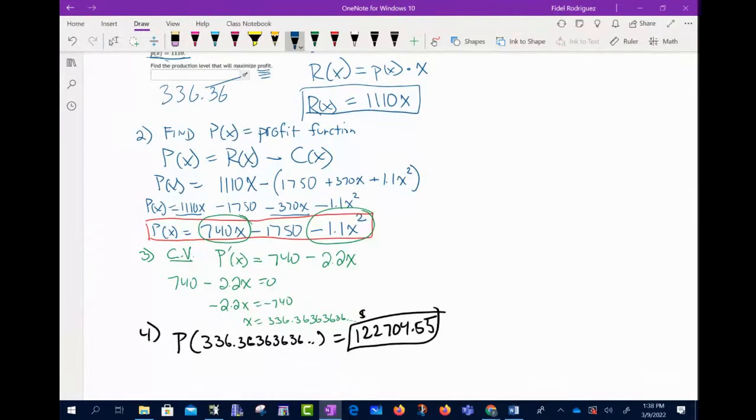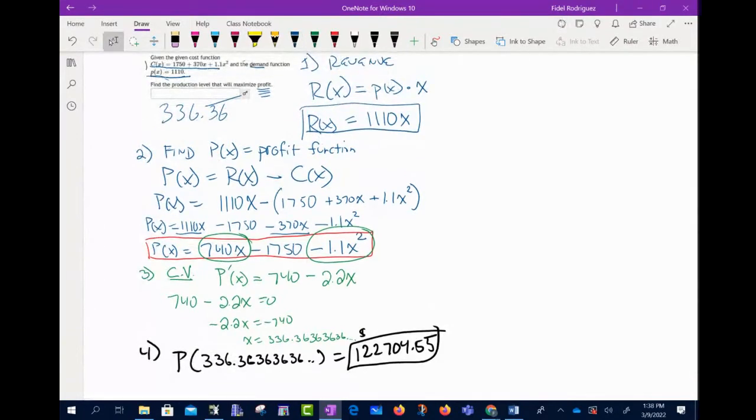See how the directions say find the production level that will maximize the profit? So it'd be 336.36, right? We found what the profit was. The maximum profit was that value, but that was being plugged into 336.36. Right?